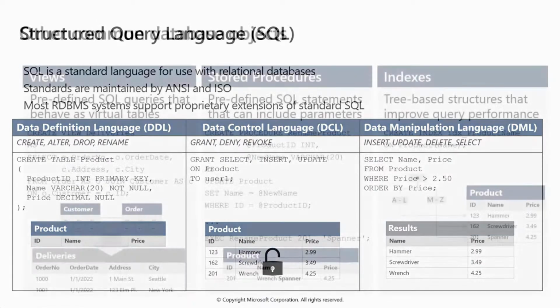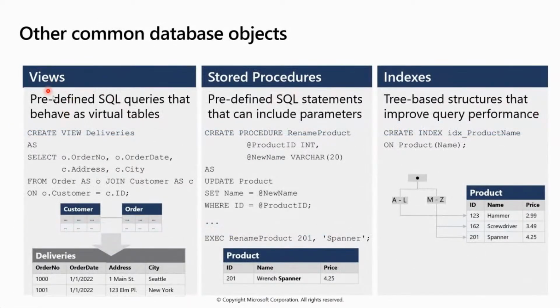I will use views, that is predefined SQL queries. What will they do? Say I have three tables, and to fetch the data from these three tables I have written a complex select query.